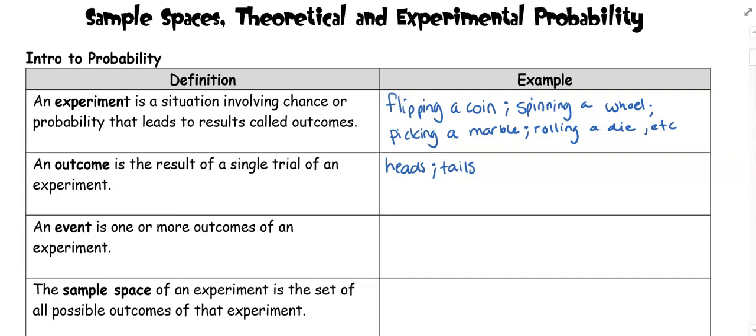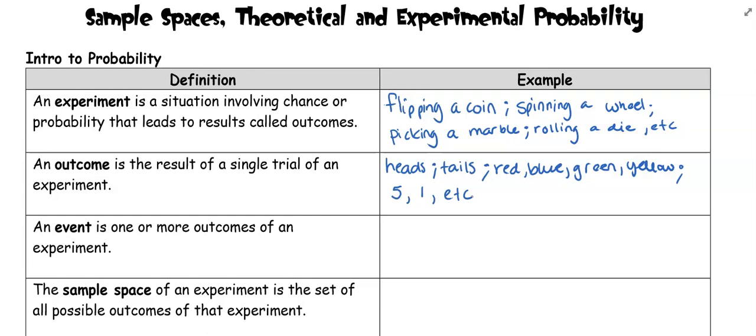Spinning a wheel, let's say it's a color wheel, an outcome could be red or blue or green or yellow, or whatever colors are on there. If we're picking a marble, we could be picking a blue marble or a green marble or a yellow marble. If we're rolling a die, we could get a 5, we could get a 1, etc. So outcomes are the results of a single trial from the experiment.